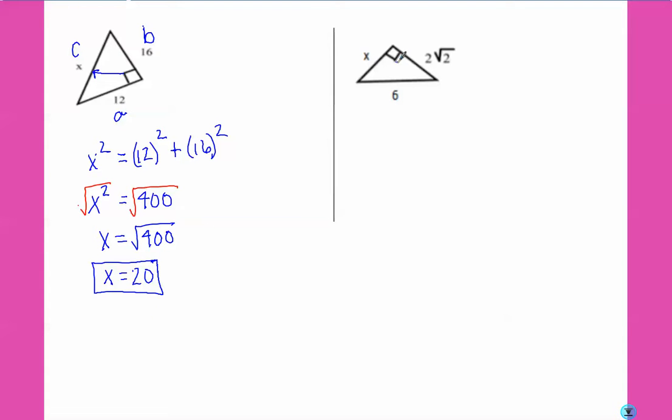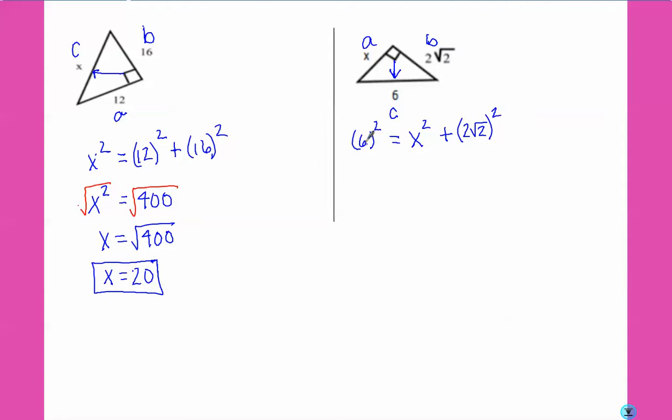Let's try another one. Across from the right angle is our C side, and then A and B. So 6 squared equals x squared plus 2 square roots of 2, squared.